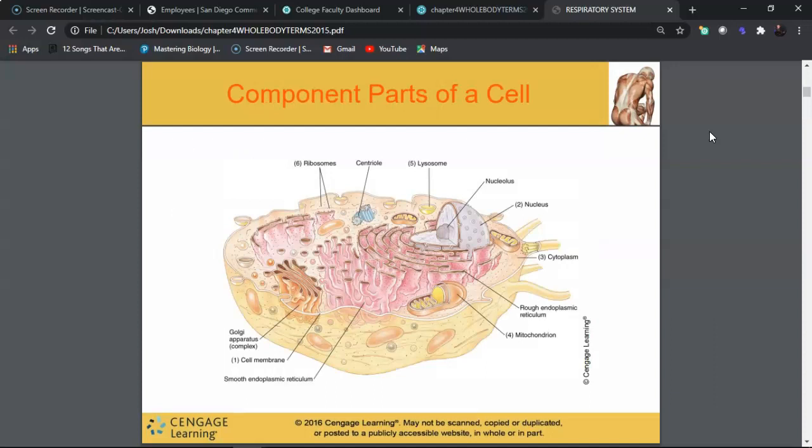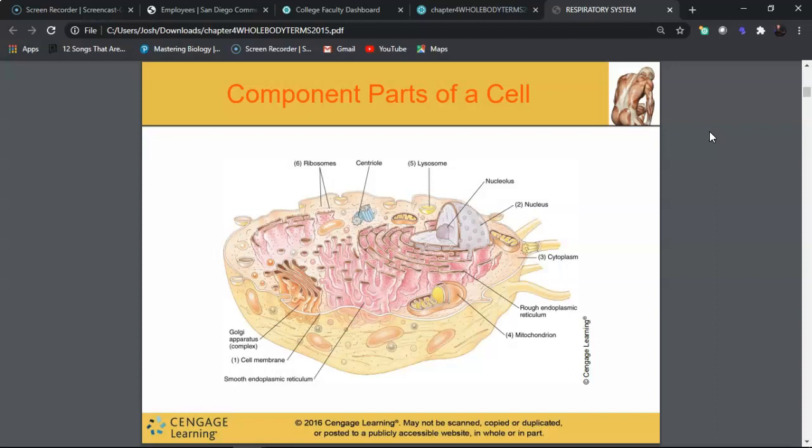So this is just a basic example of a cell, and most cells have all of these small organelles within each cell. The only cell that's a little different in our body is our red blood cell. Red blood cells don't have a nucleus, but this is the basic setup of every single cell in our body.